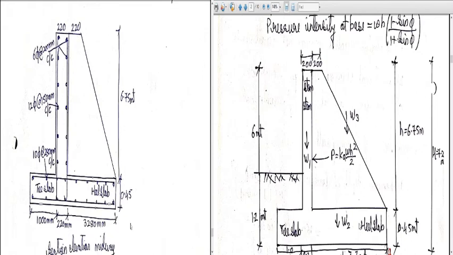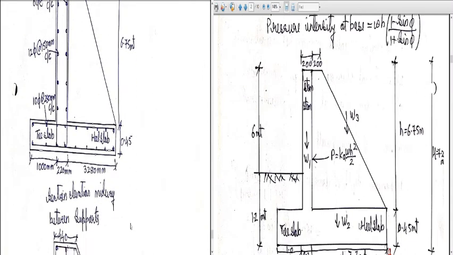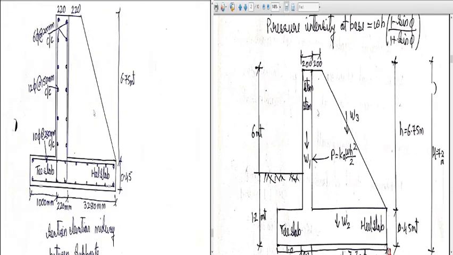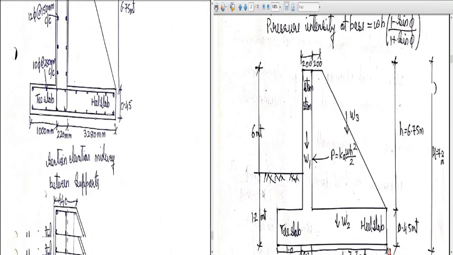Then the next is the sectional elevation midway between the supports. So here you can see how the reinforcement looks. Here it is 6 mm diameter at 200 center to center, 12 mm diameter at 150 mm center to center, and 10 mm diameter bars at 280 mm center to center provided.